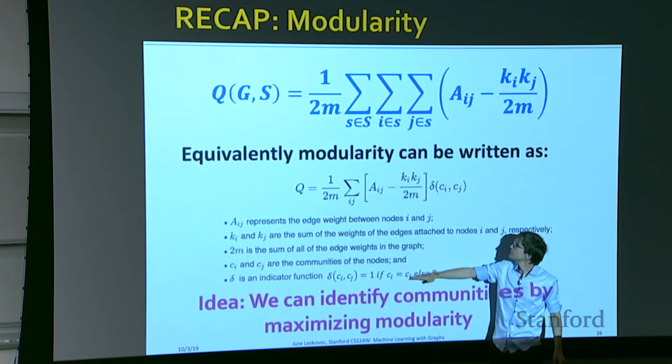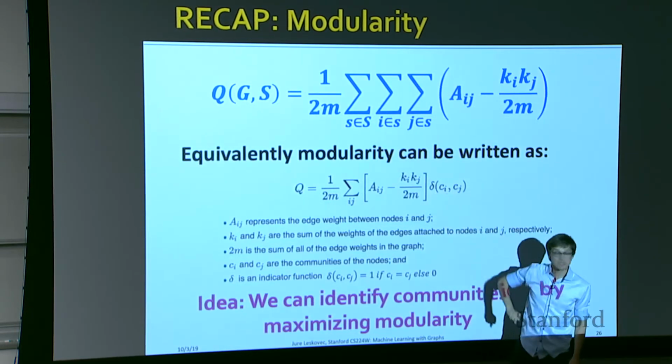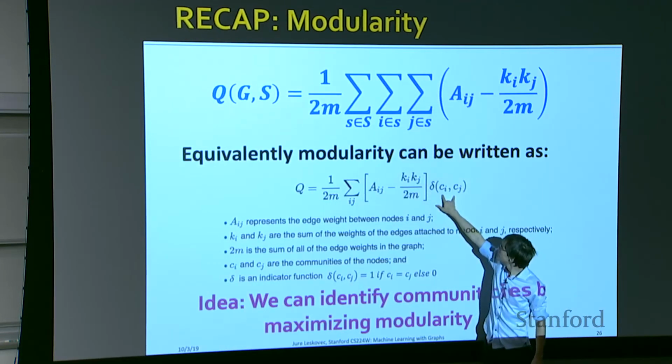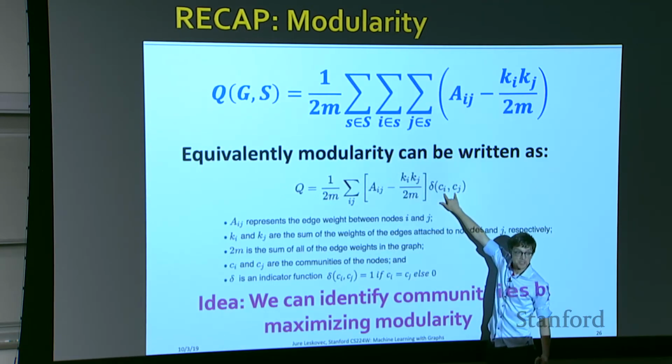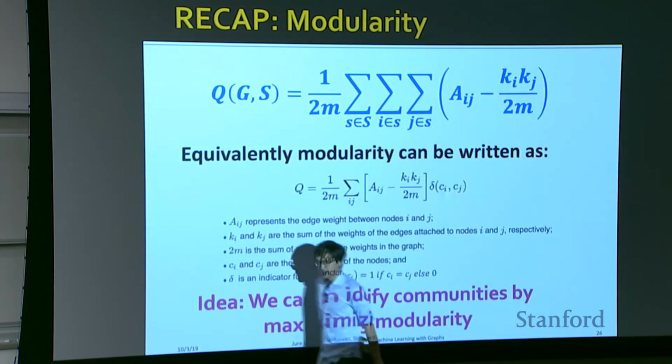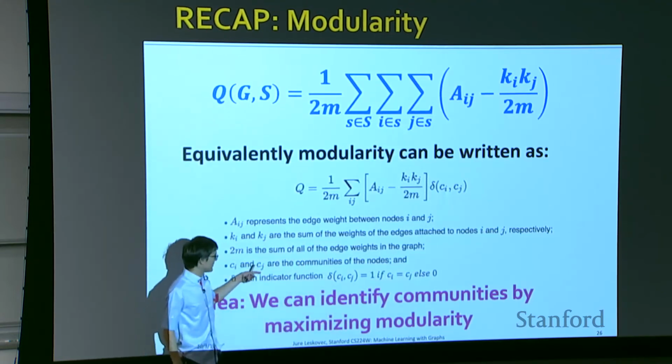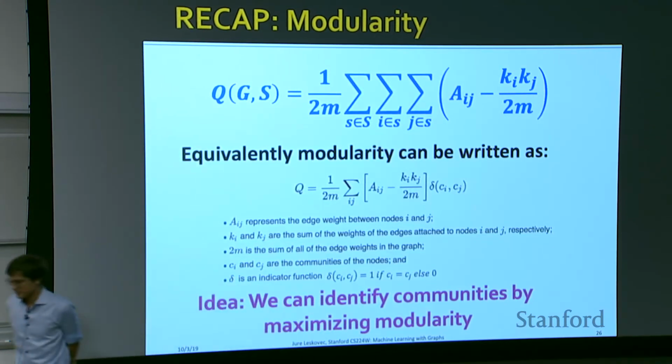So this summation is the same as up there, just here I'm using this indicator function that tells me whether a pair of nodes is in the same group or not. And these c's are variables that keep track of who's part of which community.